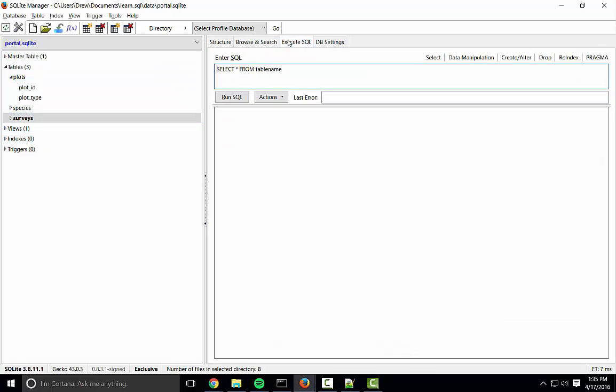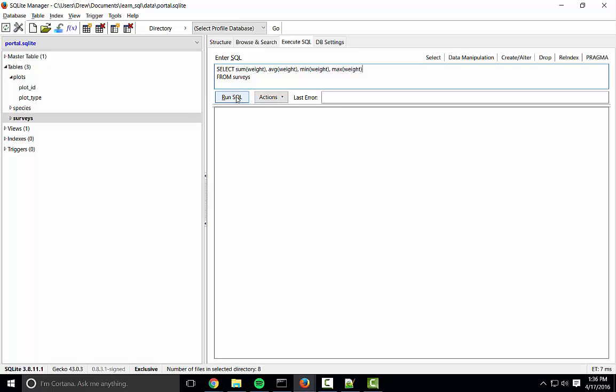So we're going to go to surveys. We need some SQL, and we're going to get from the surveys table. Let's see, we want the total weight, so let's do sum weight, average weight, min weight, and max weight.